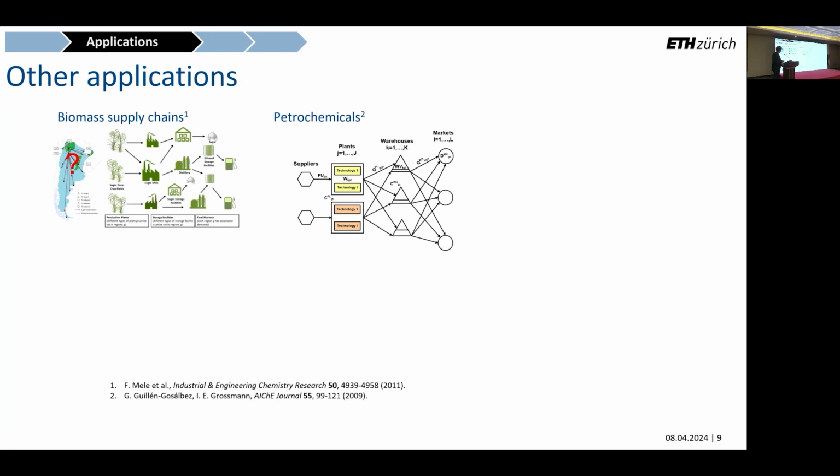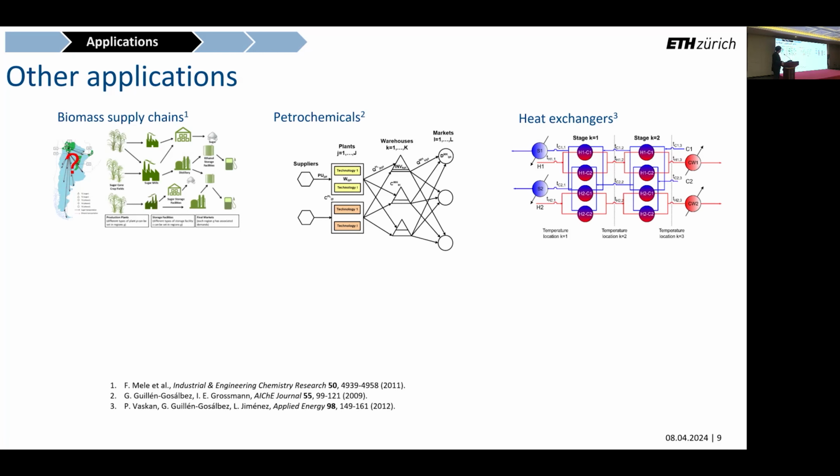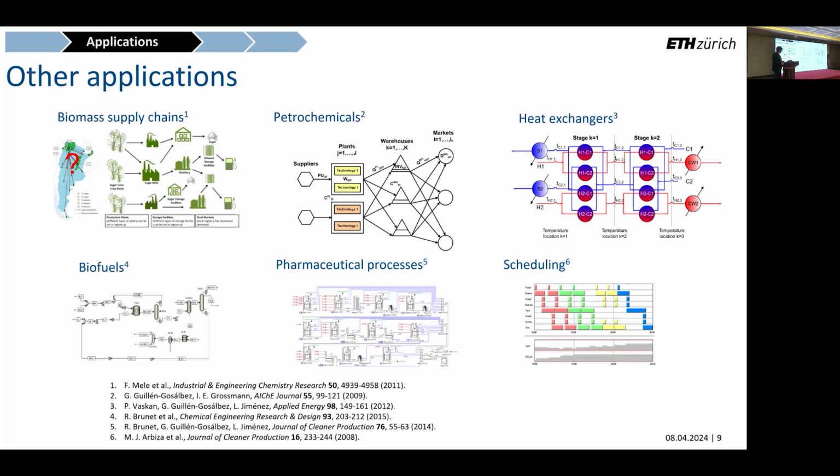In the context of petrochemical supply chains, also going down into the process design level, for example, multi-utility optimization of heat exchange networks. We also have the optimization of biofuels facilities for bioethanol and biodiesel, and also in the context of batch processes in pharma, where you decide sequencing, batching, and different types of scheduling decisions, considering economics and also environmental impacts.